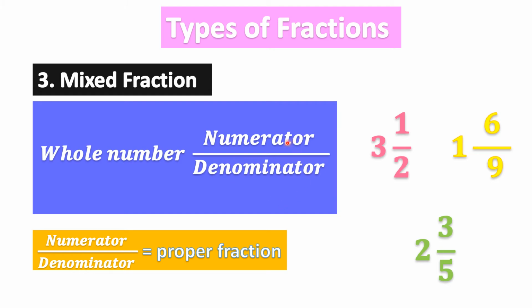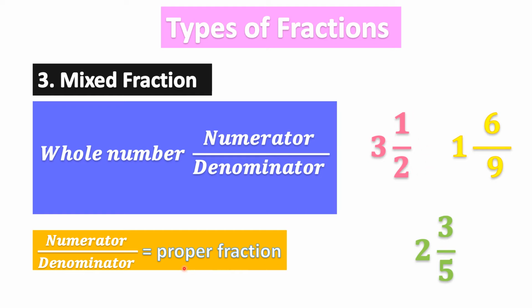Okay, so let's see some examples. Now 3 is a whole number, you know that, right? And 1 by 2. So you can see there's a whole number, there's a numerator, and there's a denominator, right? So 3, 1 by 2 is a mixed fraction. Now you can also see that the condition is satisfied. What is the condition? 1 by 2 is a proper fraction.